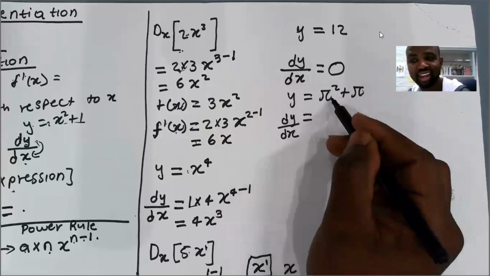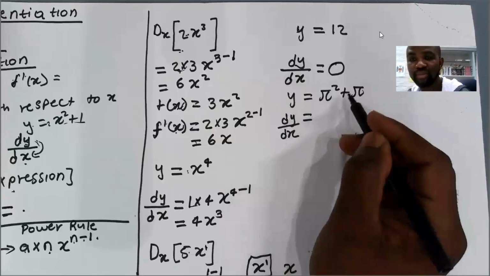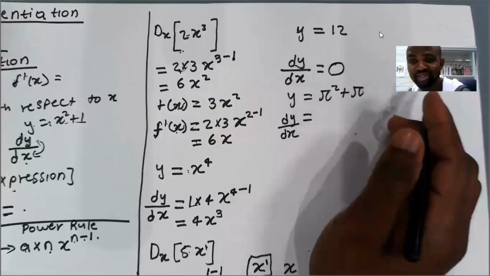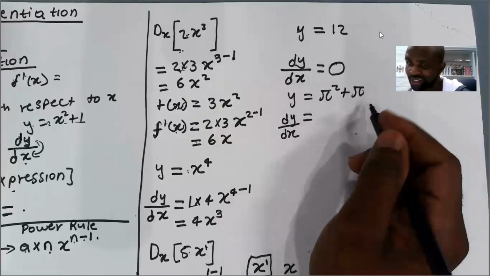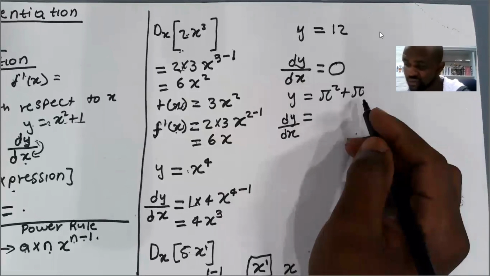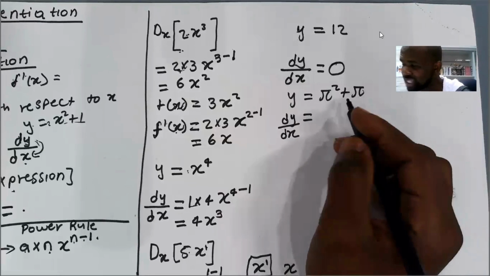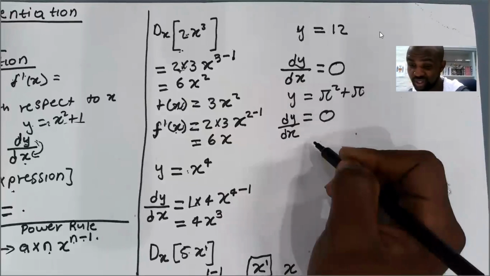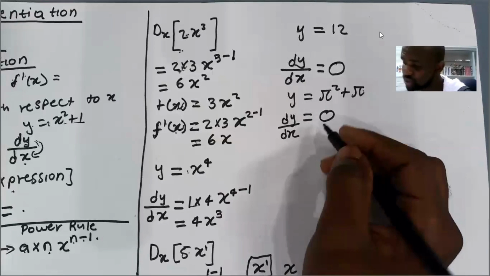It's just 3 plus 1, 4. Pi is just a number. Don't get confused. Pi is just a number. A derivative of just pi is 0. Don't get confused. They want to trick you, guys, please.